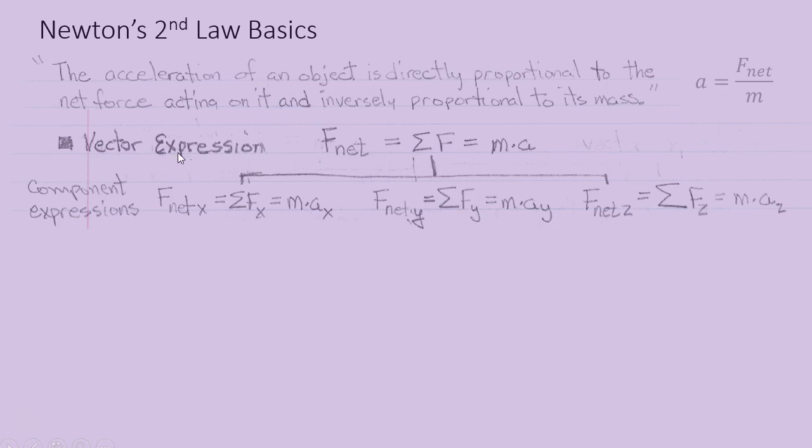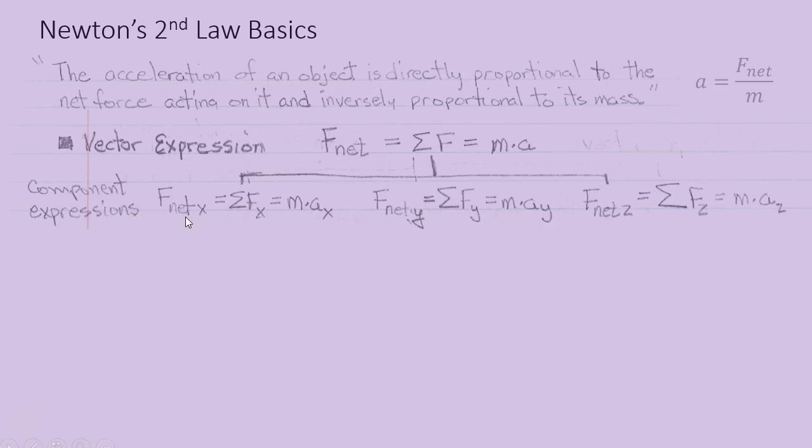It's important to remember that this is a vector expression. Force is a vector quantity, mass is a scalar quantity, and acceleration is a vector quantity. And of course, when it comes to analyzing, we can't mix forces in different dimensions, so we need to look at the component expressions for Newton's second law.